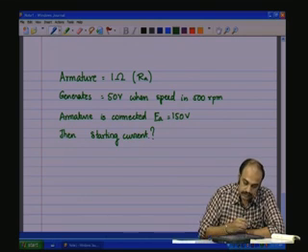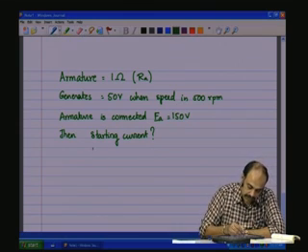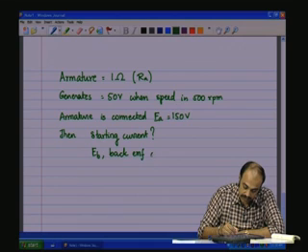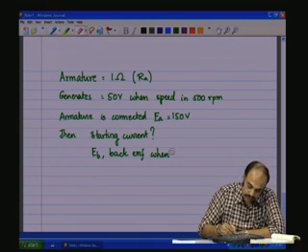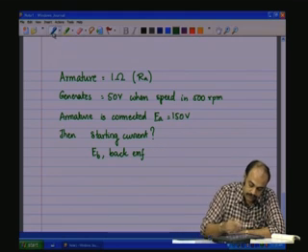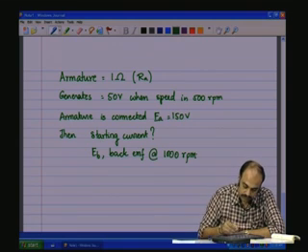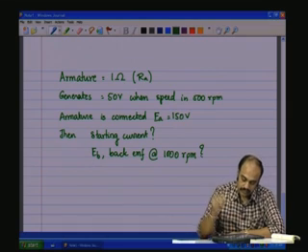The starting current, the back EMF EB, or shall I say, the back EMF when the motor rotates at 1000 RPM.